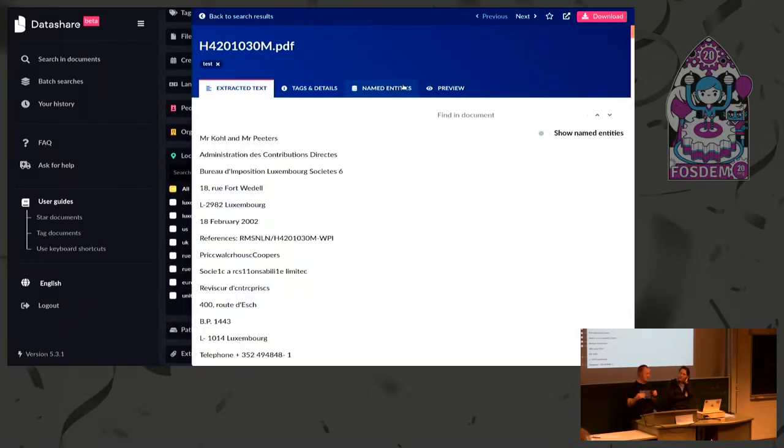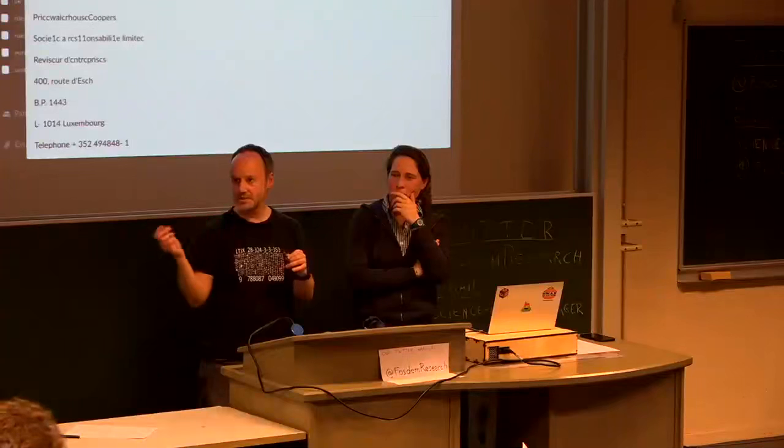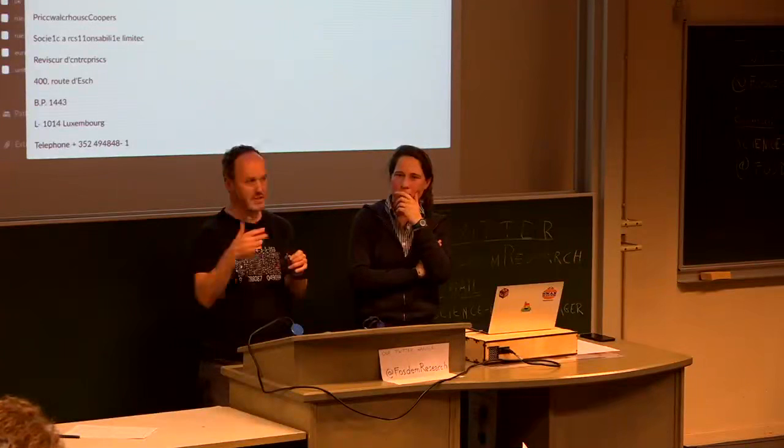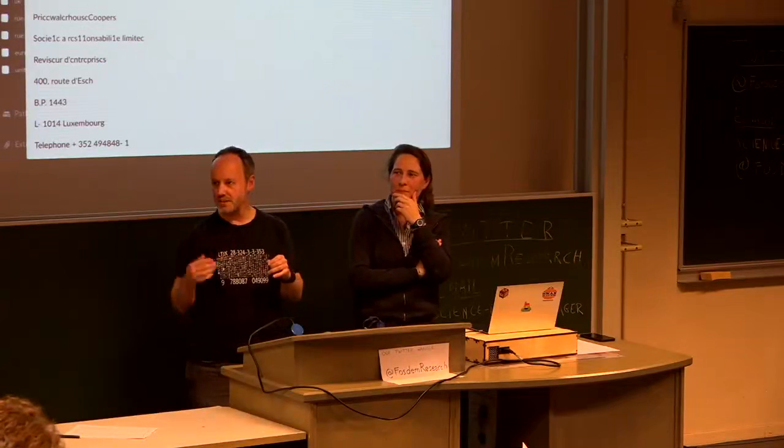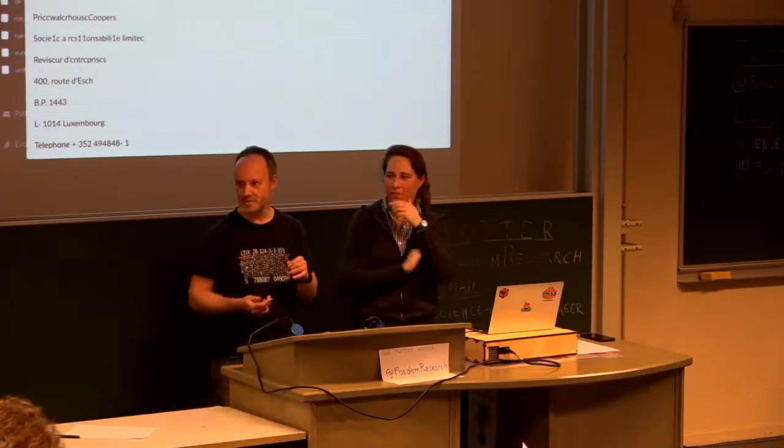And no, it's a feature that we are going to develop. It's about how we are reconciling all the named entities, for example knowing that Donald Trump is the same as D. Trump, and something like OpenRefine could help us, for example.